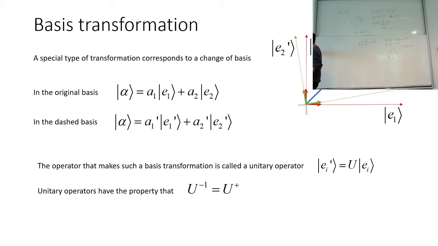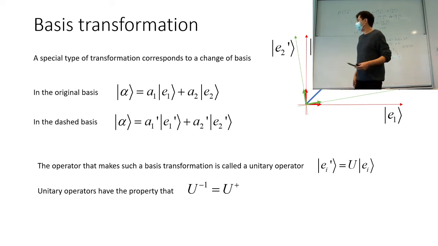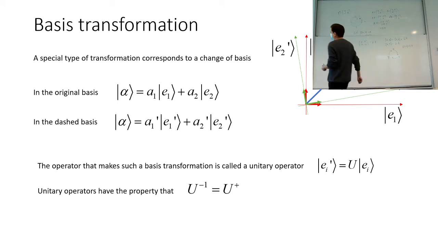So if I've got first coordinates E1, E2, and second coordinates E1 dash, E2 dash, then there's an operator which has the property of being a so-called unitary operator, and this basically transforms all my unit vectors without the primes, E1, E2, into the ones with the primes. So it turns the red coordinates into the green coordinates.